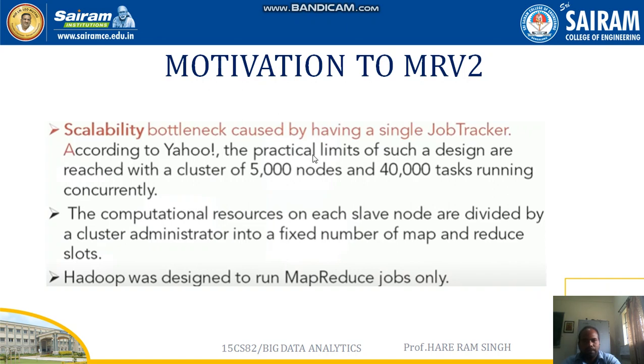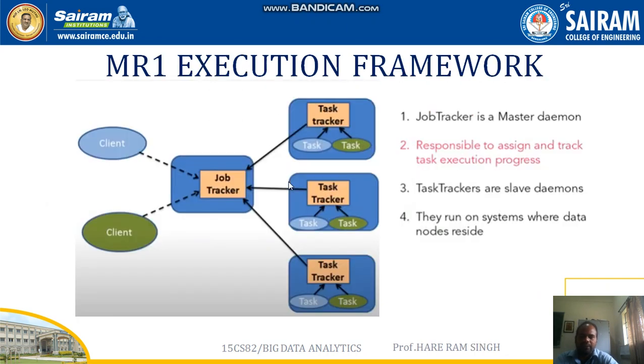According to Yahoo, the practical limits of such a design are reached with a cluster of 5,000 nodes and 40,000 tasks running concurrently. Here in the diagram you can see only one job tracker and so many task trackers.